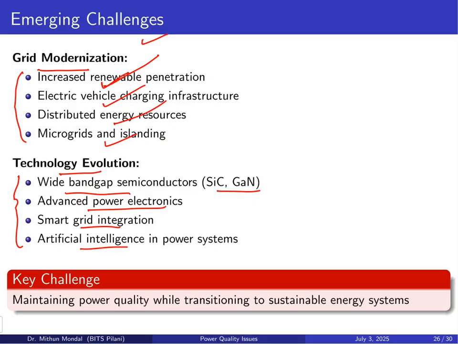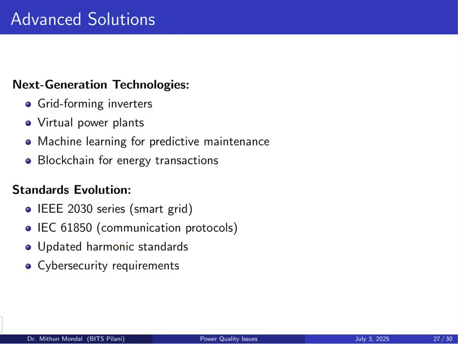The key challenge is maintaining power quality while transitioning to a sustainable energy system. We are modernizing our grid as well as the different equipment, which are causing various power quality issues. Hence, we need to maintain proper power quality so that sustainable energy can be provided.